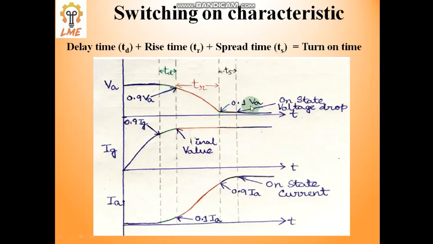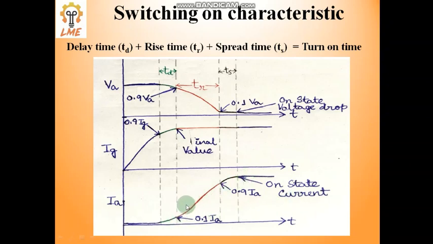Rise time is what? Rise time is 0.9 of voltage across the anode to 0.1 of voltage across the anode. This time period is known as rise time. In case of anode current, 0.1 of anode current to 0.9 of anode current is known as rise time.